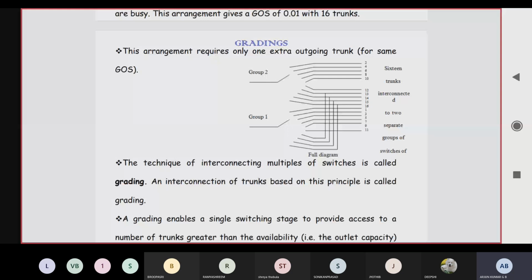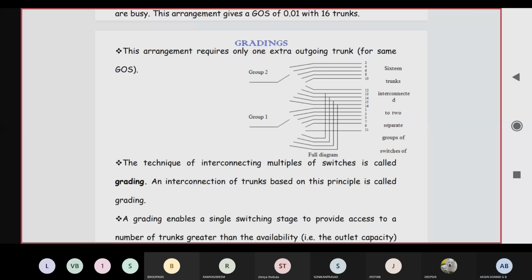In the first group, the first 6 outlets, 1, 3, 5, 7, 9 and 11, are in 2 separate fully available groups. These 6 lines are fully available, which means there are no interconnections; they are dedicated lines for group 1 incoming lines.